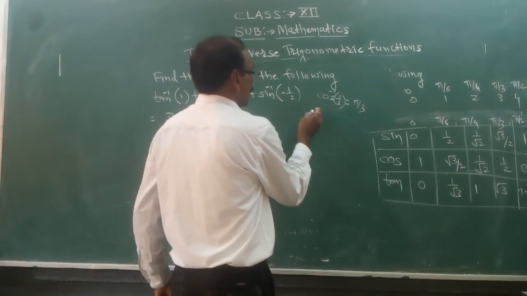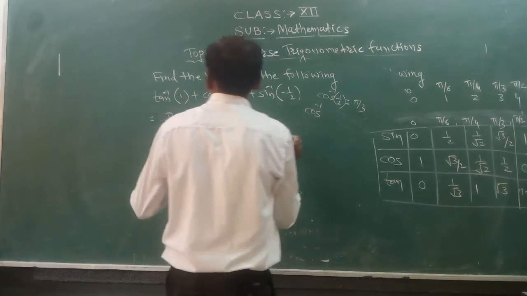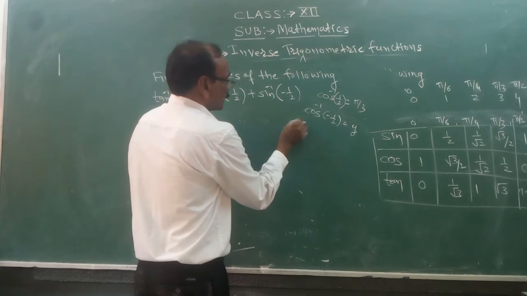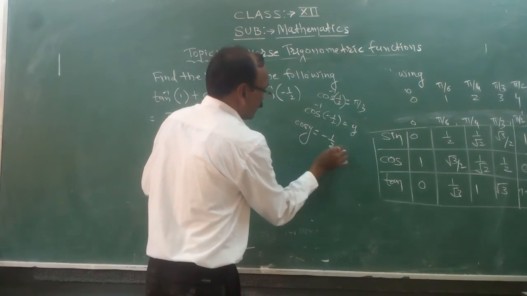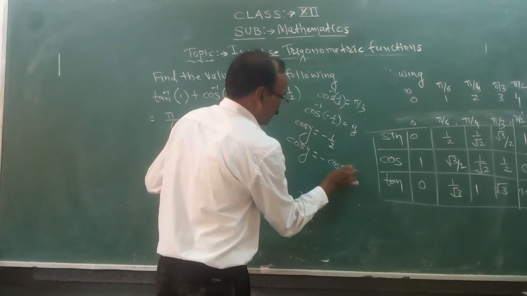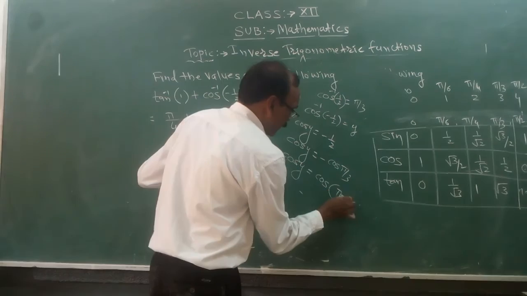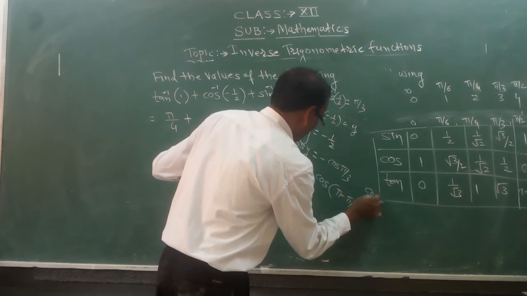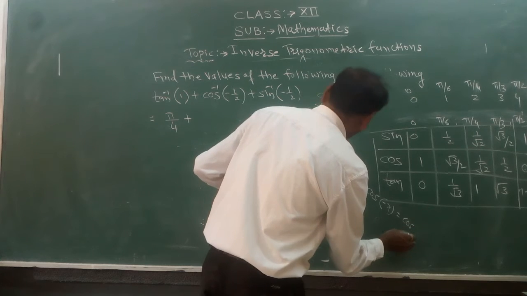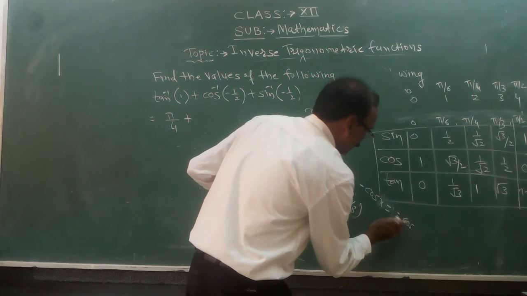So cos y equals cos of pi minus pi by 3, because cos of pi minus x equals minus cos x.